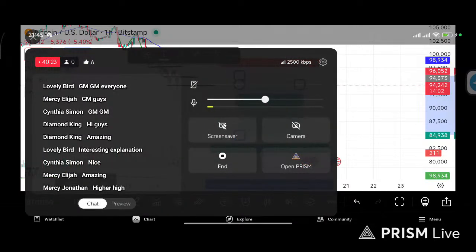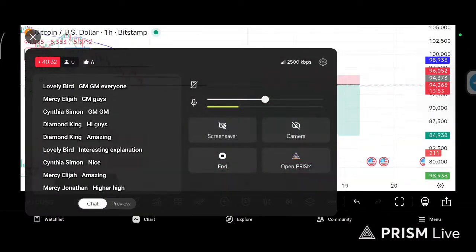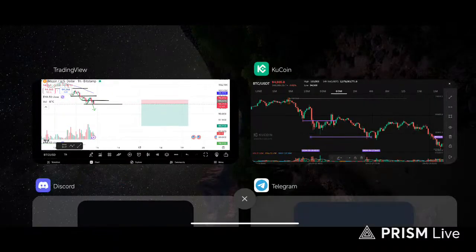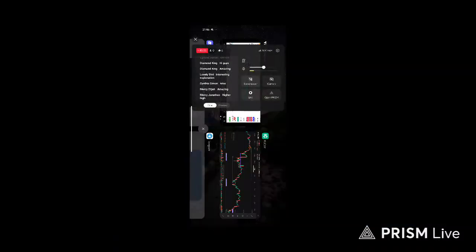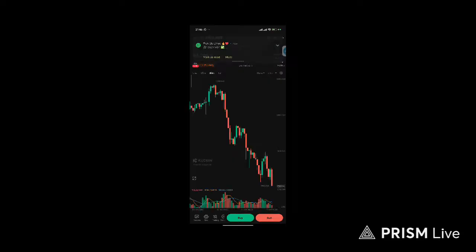And if you want to do this live, we can move over to the KuCoin exchange app. Move over to KuCoin exchange app.